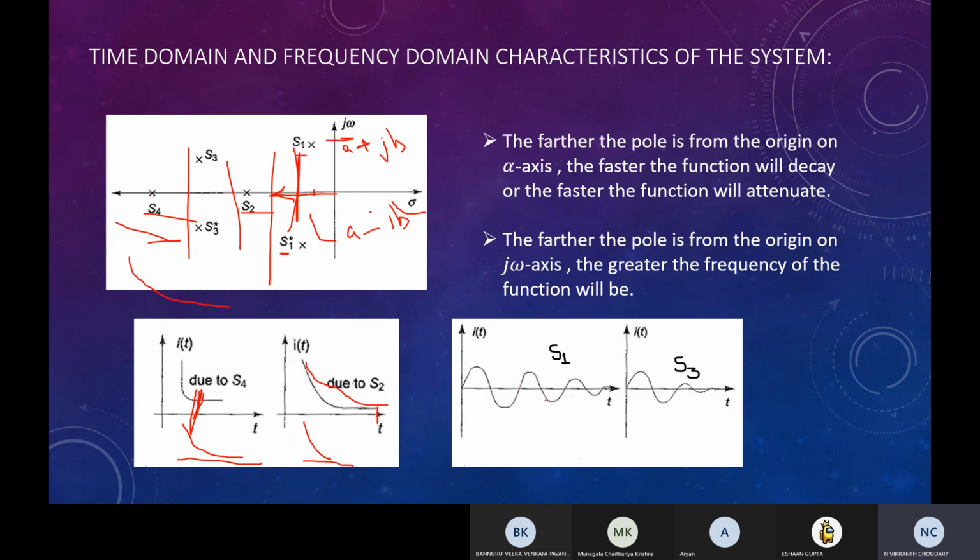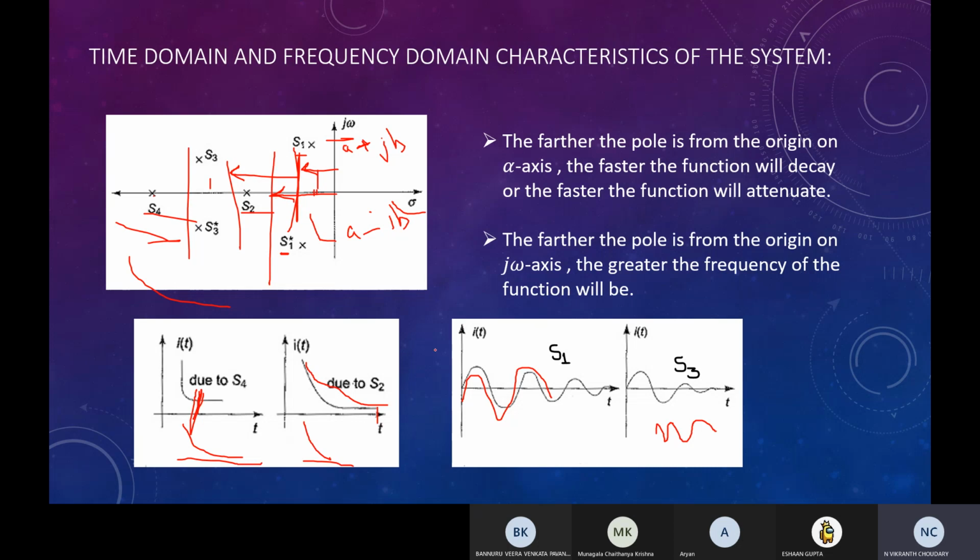S1 is closer to the j omega axis and S3 is farther from it, so S3's frequency would be higher, while S1's frequency is lower.